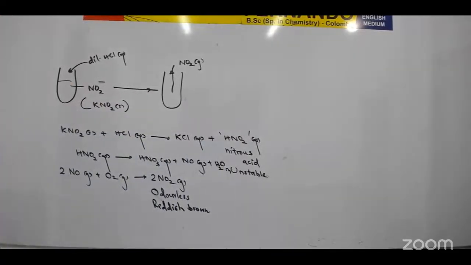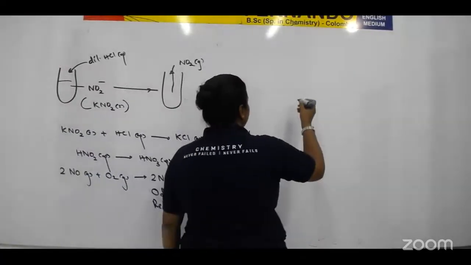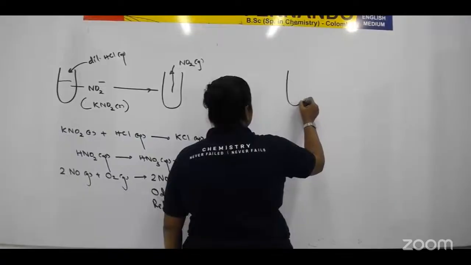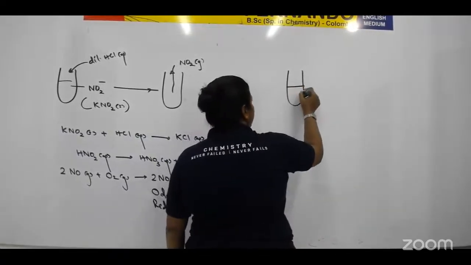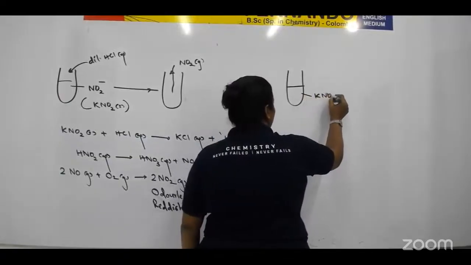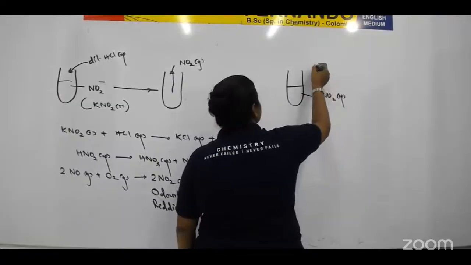Right, next one, the brown ring test. Actually, this is not the correct brown ring. Instead, we can say brown solution. Here, KNO2 aqueous solution or a solid.